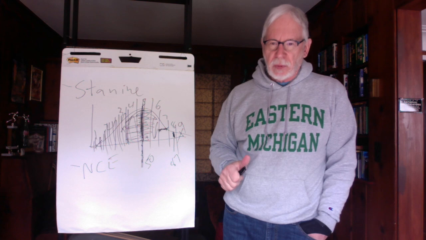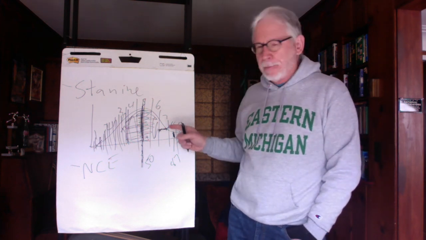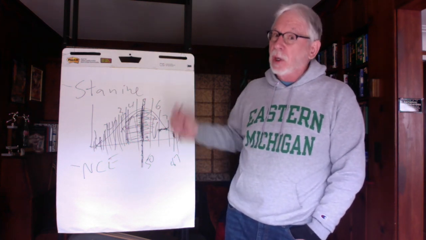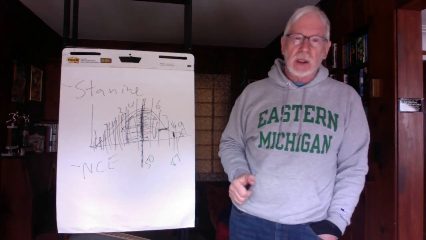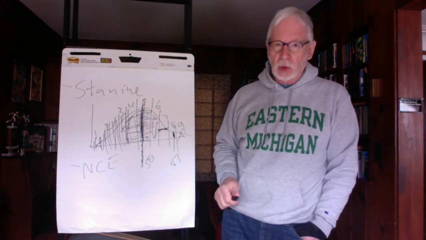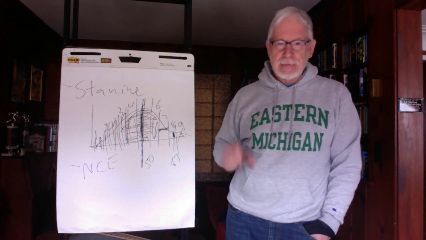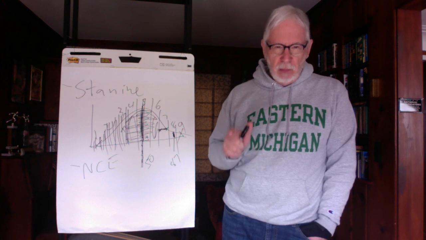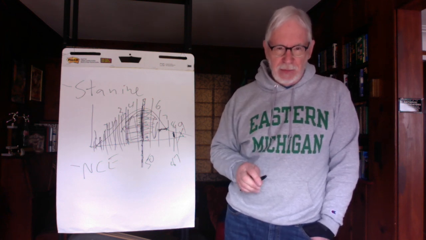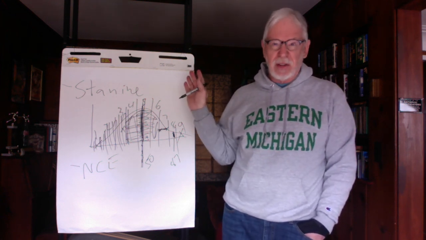So again, normal curve equivalent is the bell curve sliced into 100 slices, and wherever you fall, that's your normal curve equivalent score. Hope we're good so far. I'm going to pause here before we go to lecture number 5. In lecture 5, I'm going to review all this stuff. Okay?